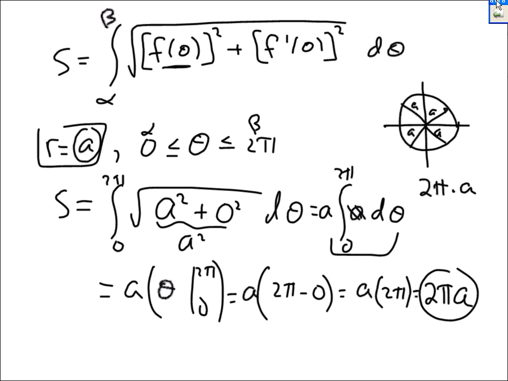The whole circle, 0 to 2 pi. Bingo, we got 2 pi a. It's good to know what the answer should be, especially on an exam. That way, if you don't get the right answer, well, do what it takes to get the right answer. Do something different.